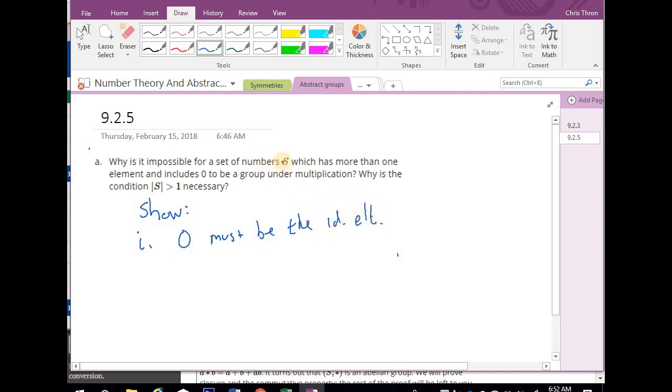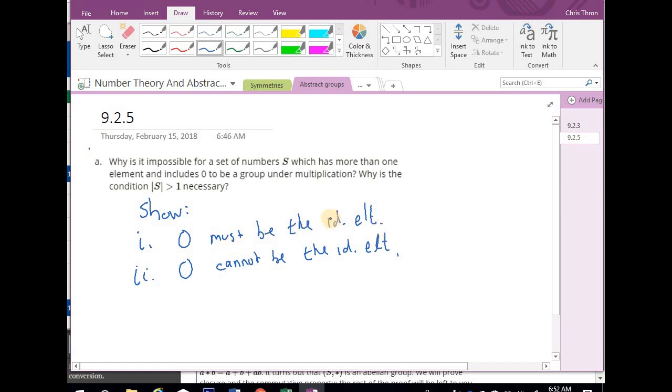Then show that 0 cannot be the identity element.